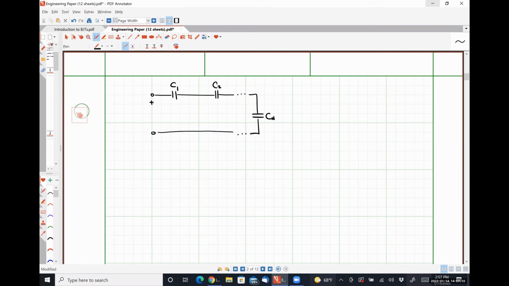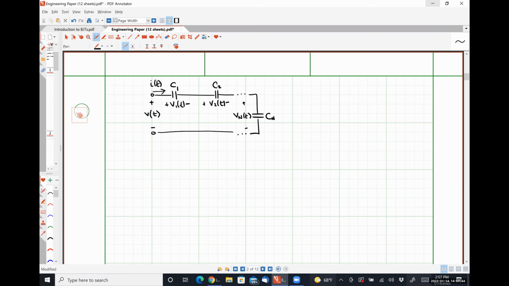Let's say that we have a total voltage drop V of t across this series combination of capacitors. Because they are all in series, they carry the same current I of t. The voltage drop over capacitor 1 will be V1 of t, over capacitor 2 will be V2 of t, all the way out to the voltage drop over capacitor n, which will be Vn of t.